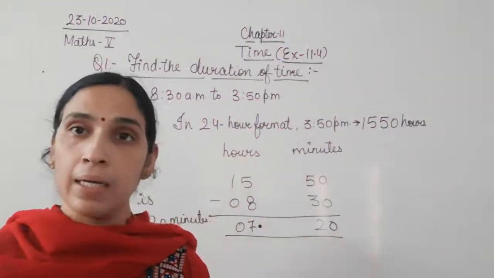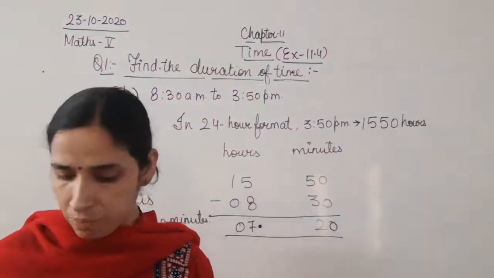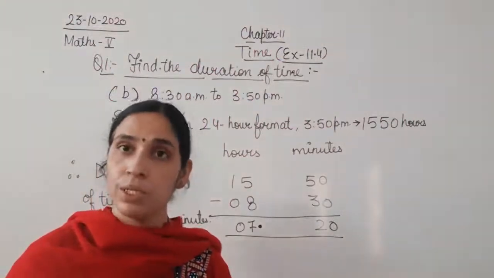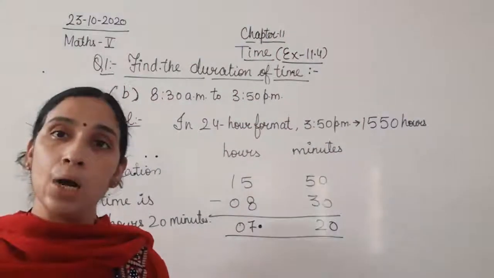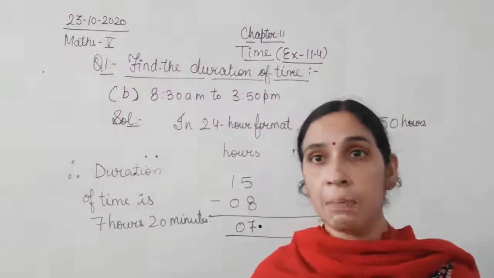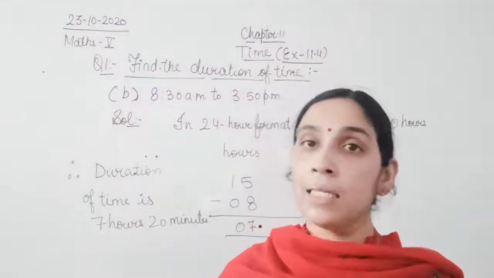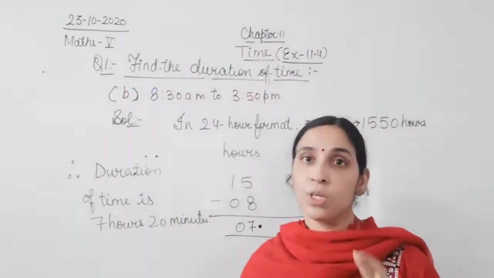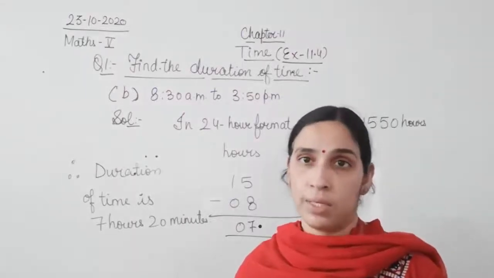Now D part. In D part you have been given... Okay, tomorrow we are going to continue from here only. What is the time duration and how you are supposed to find it out and how we will do the subtraction, because in the D part one time is given in AM, PM and the other time is after 24 hours. So here you are going to do subtraction and then addition to get the total time duration.